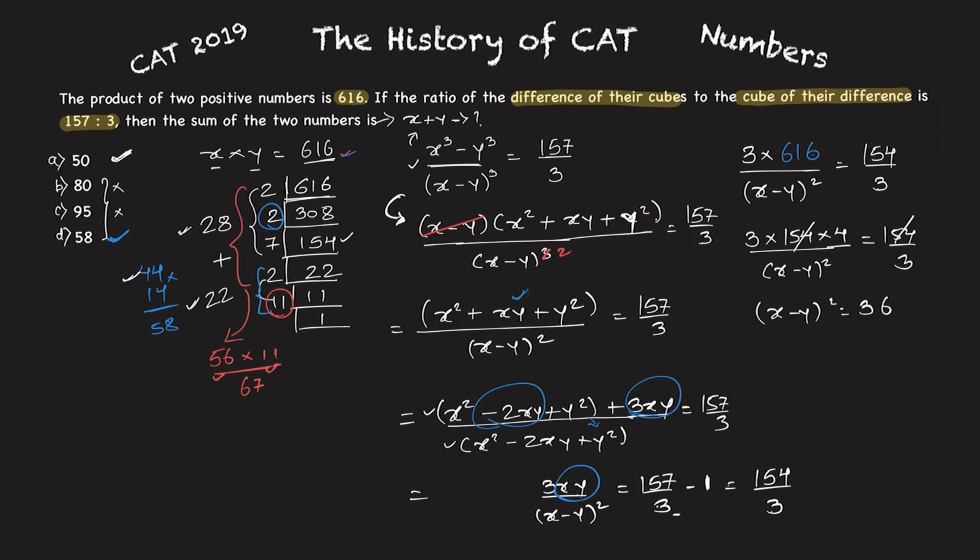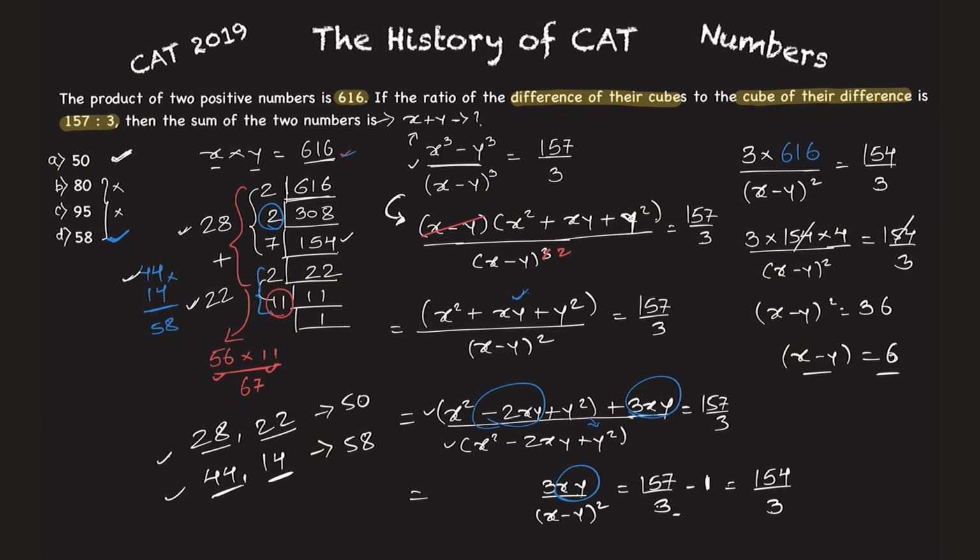So x minus y will be equal to what? 6. So the two numbers have a difference of 6. Now I'm sure. See, 28 and 22 are the two numbers that I got, and 44 and 14 was also the number that I was getting, but I was confused whether it's 44 and 14 or 28 and 22, because their sum is 58, which was in the options, and their sum is 50, which was also in the options.